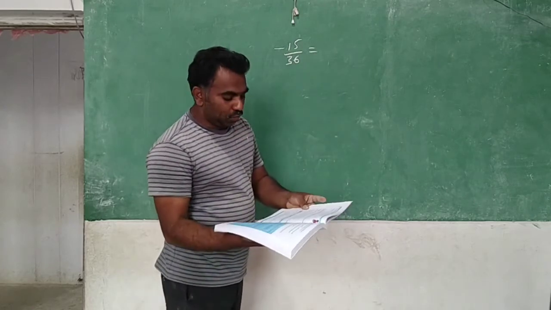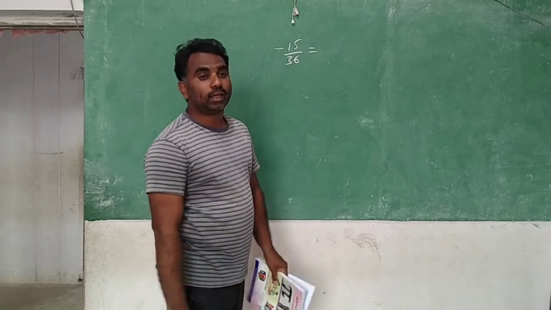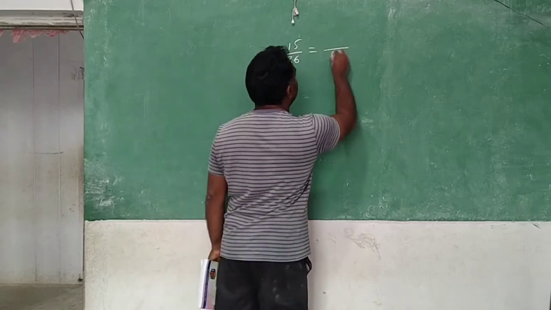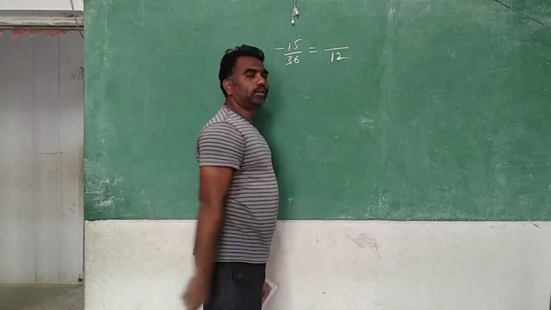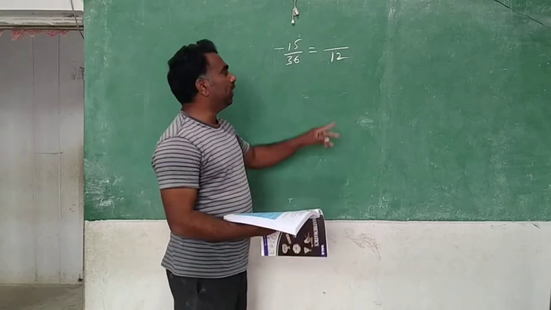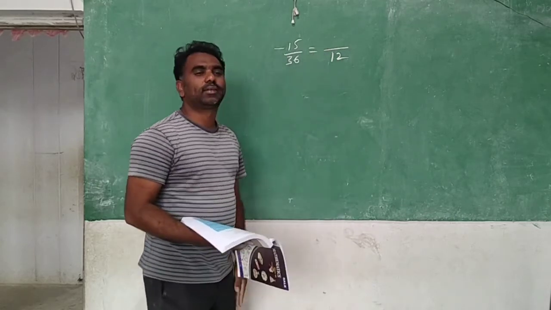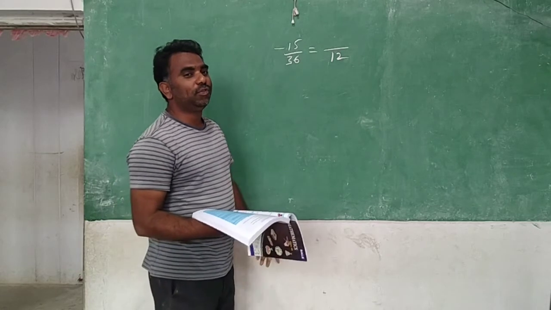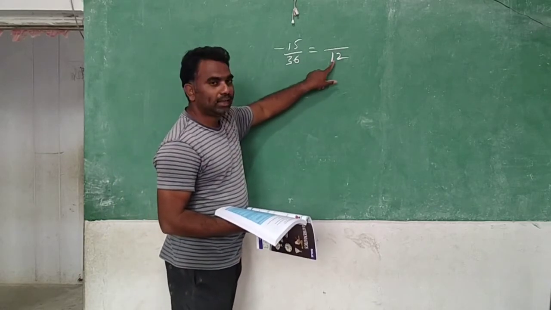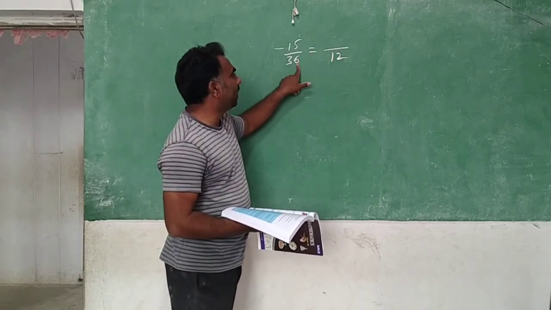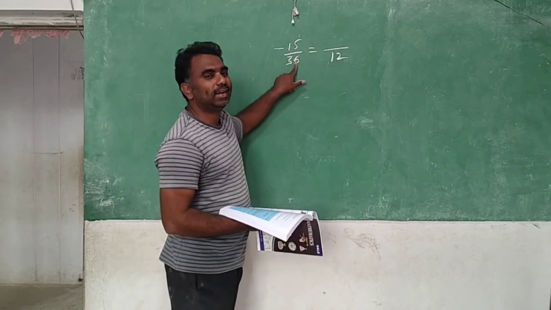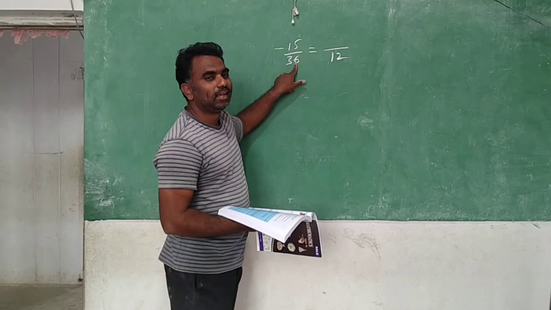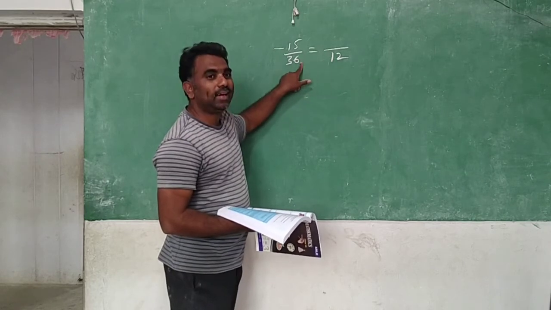First one, with denominator 12. With denominator 12, you have to find the numerator. Very easy if you check it. See here, 12 3s are 36.